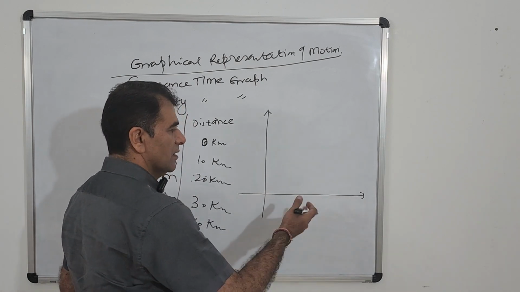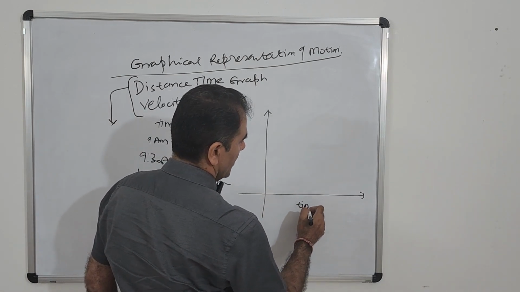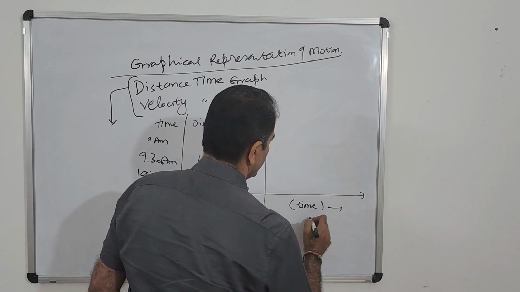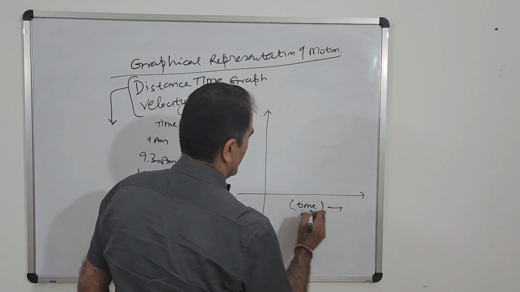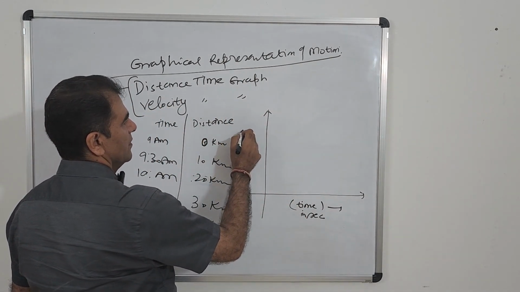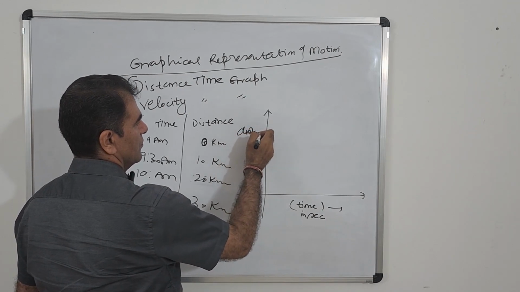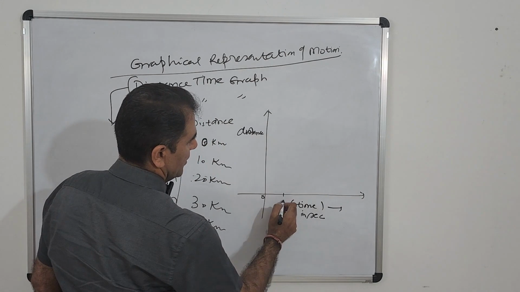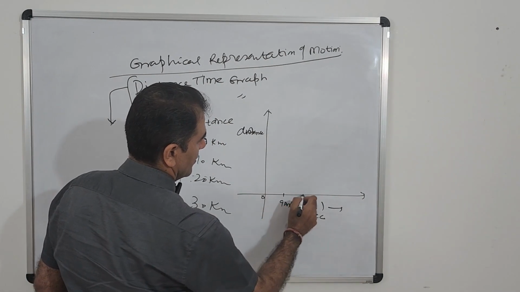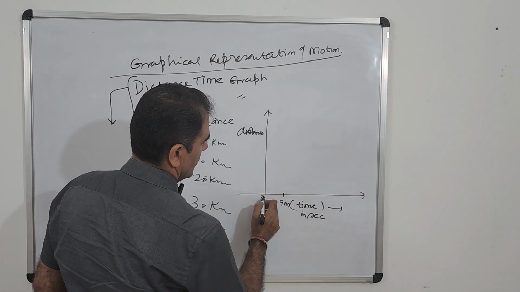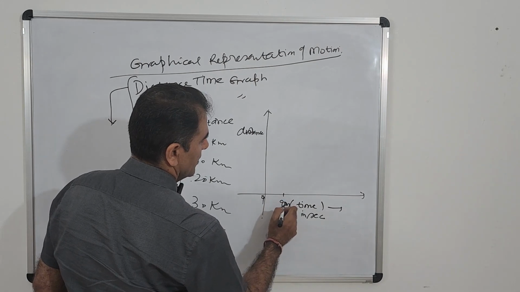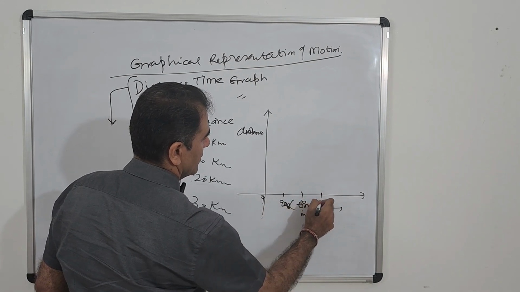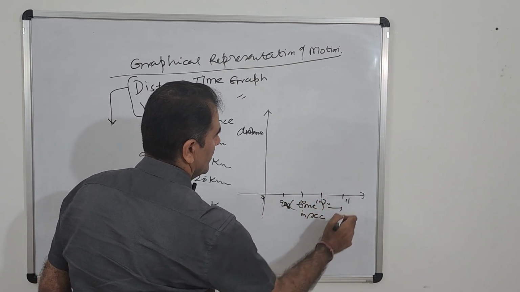I already told you in general terms. So we take time here, and here we take distance. The origin is 0, so it is 9, then 9:30, 10, 10:30, and 11.